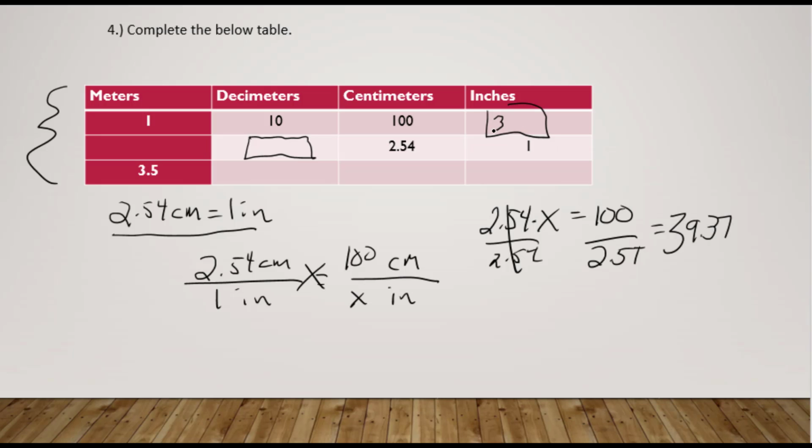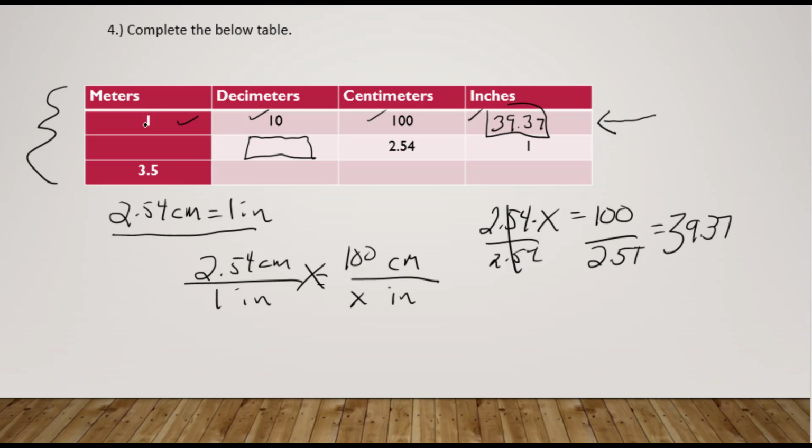So I can put that here, 39.37. Now I just want to make a note here for you that 39.37 is the same length as 100 centimeters. It's the same length as 10 decimeters, and it's the same length as 1 meter. So when you look across a row, they're all the same.